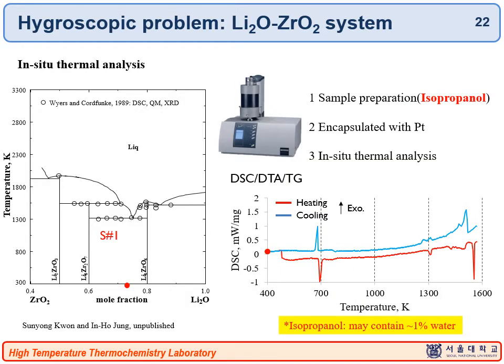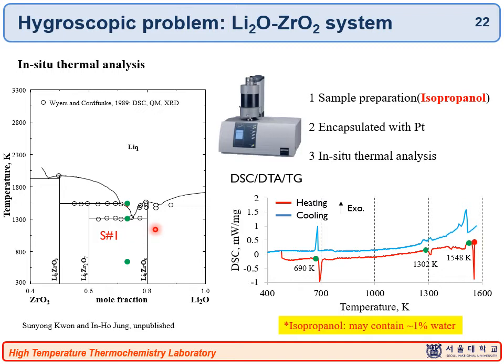So we performed our own DSC experiment using a platinum capsule again. Surprisingly and unfortunately, we got the same result as the previous phase diagram study. As you can see here, this peak corresponds to the deep eutectic peak in the previous phase diagram.